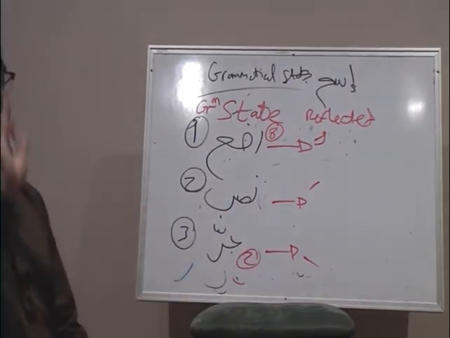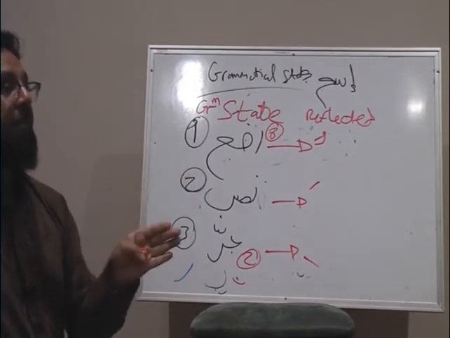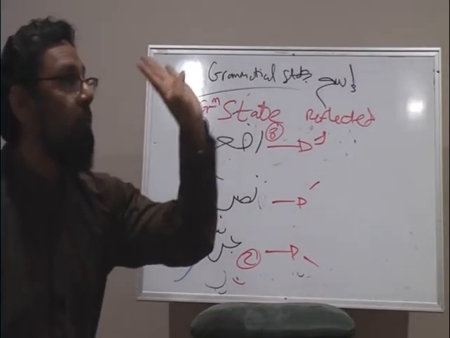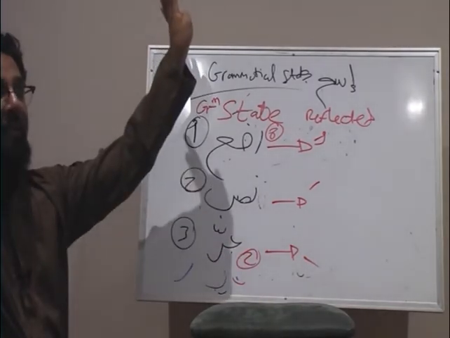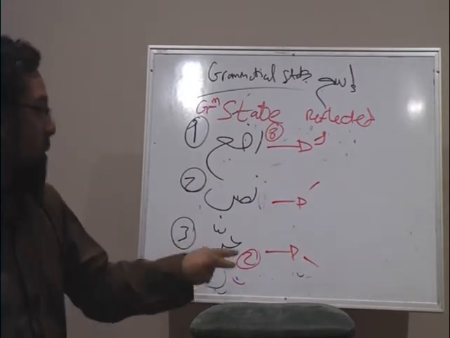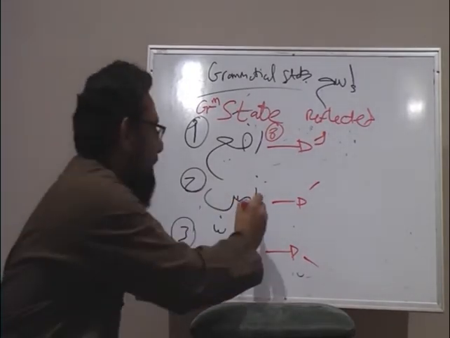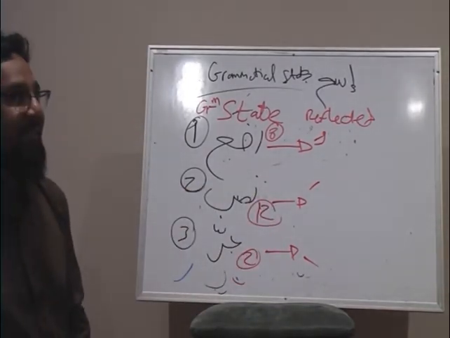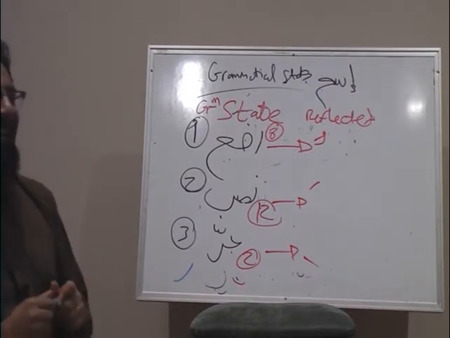So you already know 50% of jar, because if it's preceded by a governing agent like a preposition, it will be in jar. There's just one more 50% you have to know, and then you've completed jar 100%. In nasab, there are 12, and one of them is as an object of a verb. Interesting, isn't it?